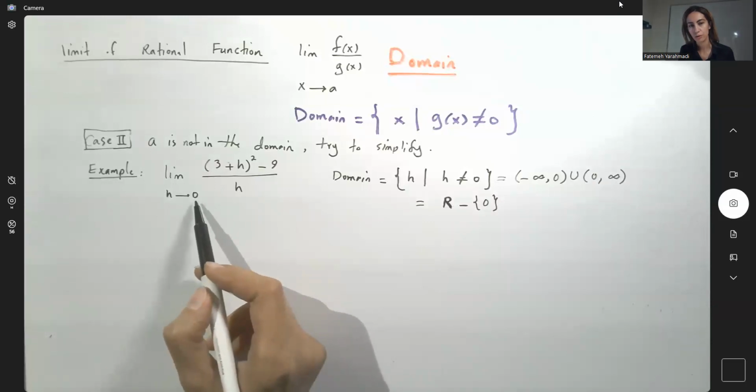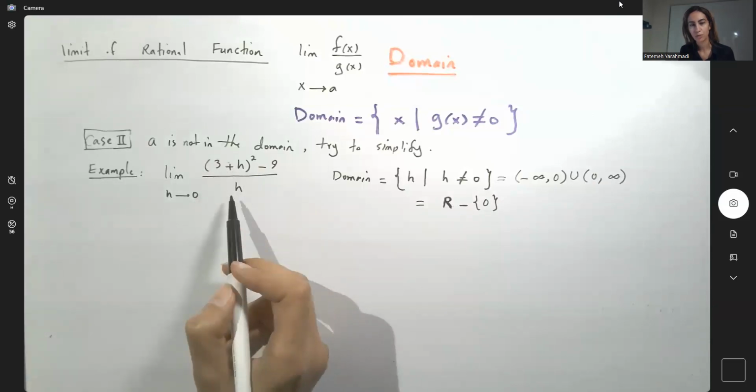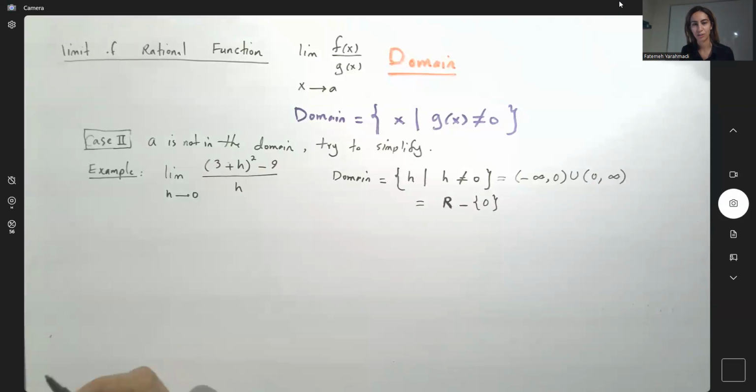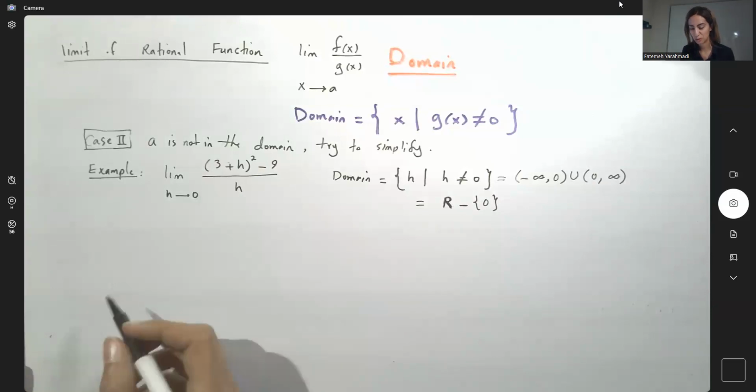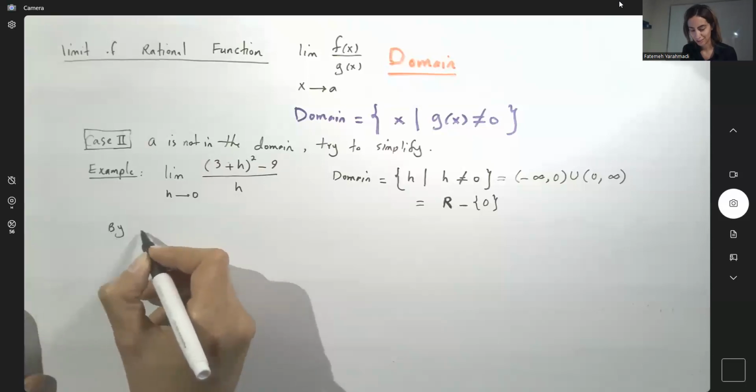h approaches 0. So what are we going to do? We're going to use direct substitution and see what we have here. If you use direct substitution, this is the weird thing that you see.